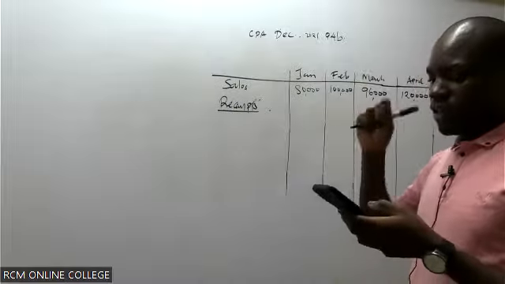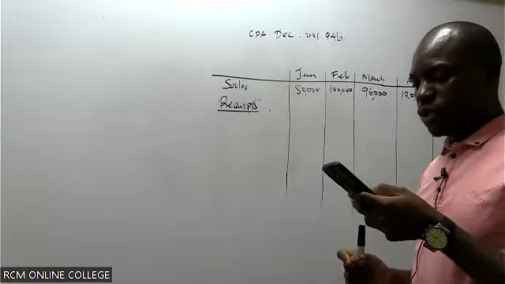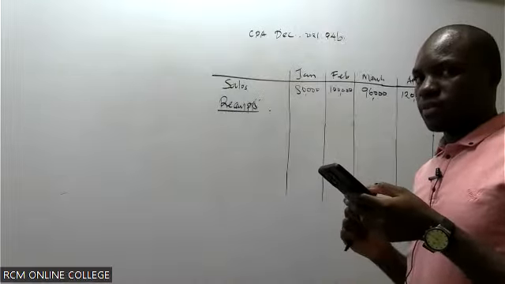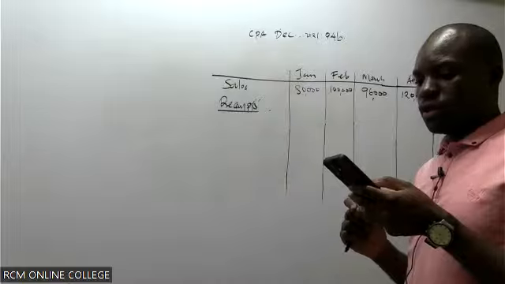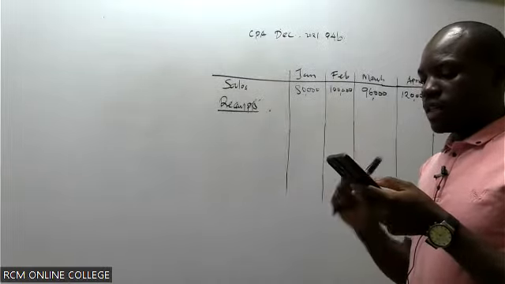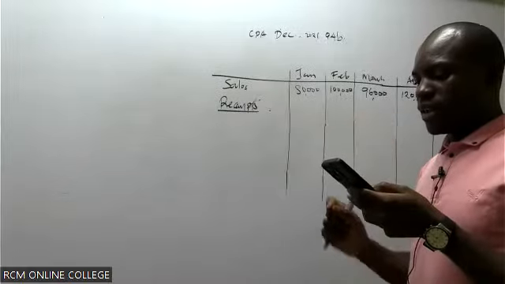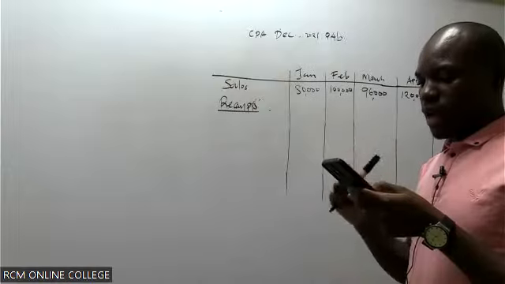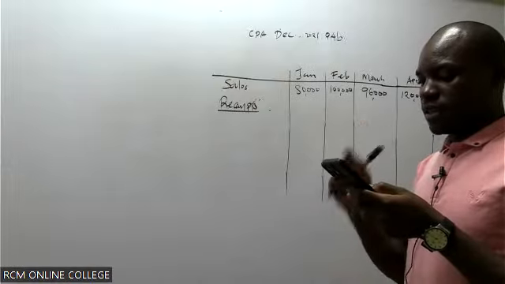So in reference to additional information number 8, we are being told 20% of debtors pay cash, receiving a cash discount of 4%. And 70% of debtors pay within month and receive 2.5% discount.